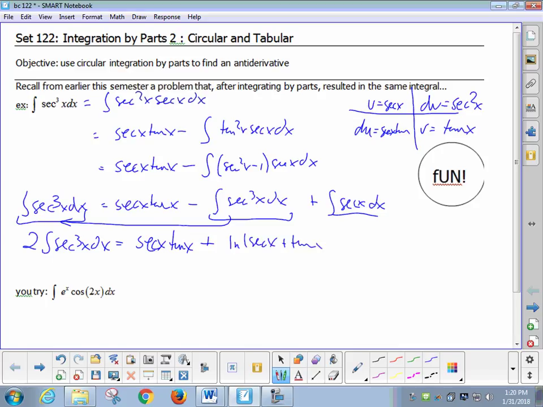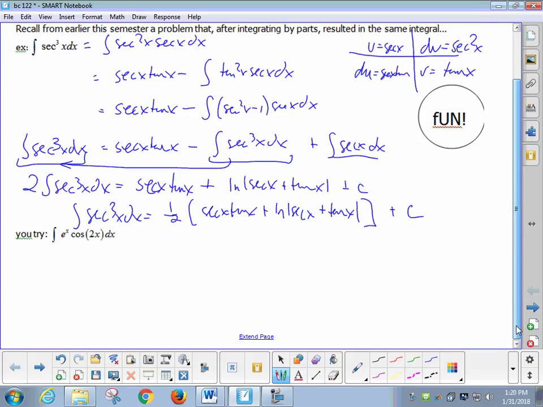Pretty good. Technically this integral is done and you have a plus C over there, but let's move that 2 over, and the answer to our question is 1/2 secant tangent plus log of secant plus tangent. Throw the C off to the side. Are you following? Okay then.